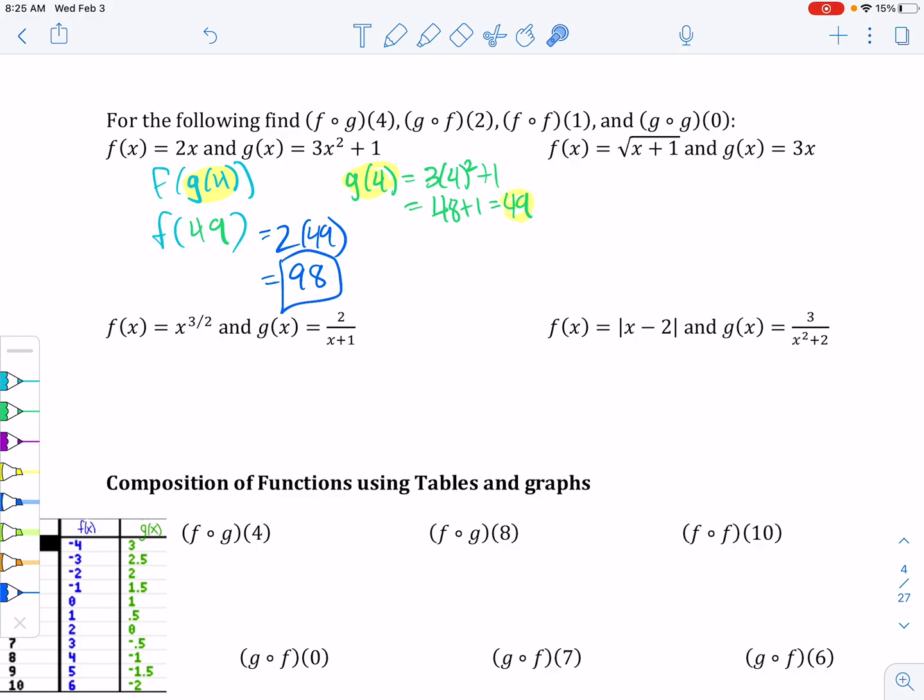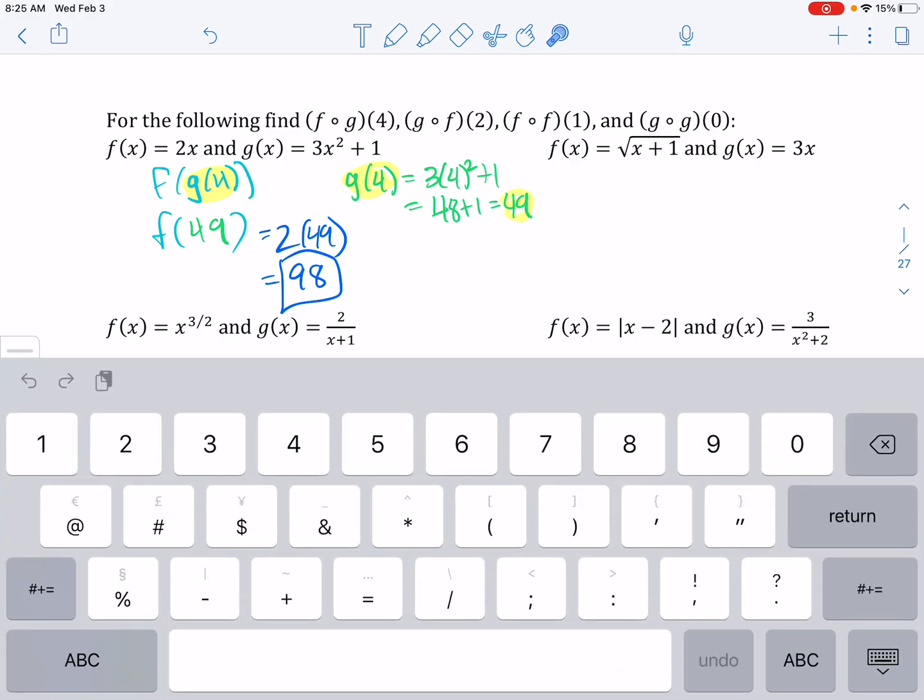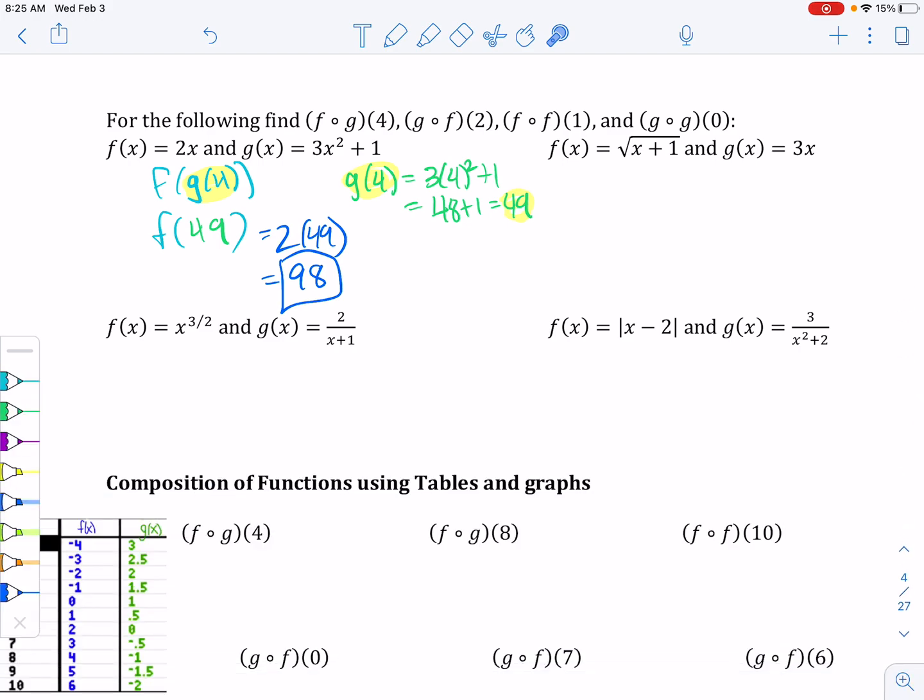Now let's do g of f of 2 on this one. That means that I'm plugging in 2 for my x value for f. So if I find f of 2 first, I'm really doing the absolute value of 2 minus 2. Well, 2 minus 2 is 0, and the absolute value of 0 is 0.